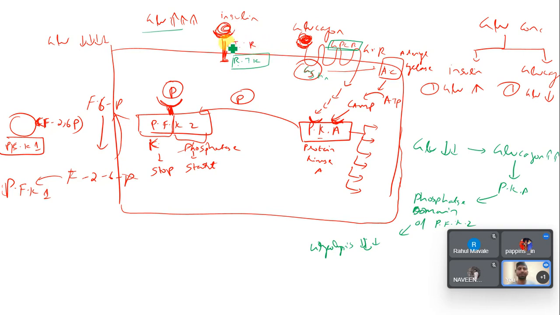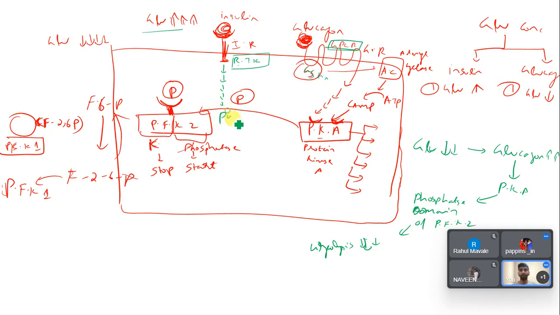When insulin gets activated, it activates a lot of things, and one of these regulators is a phosphatase.